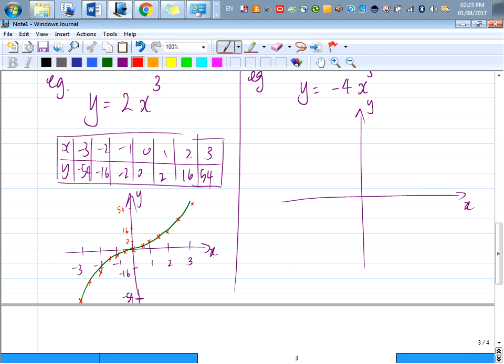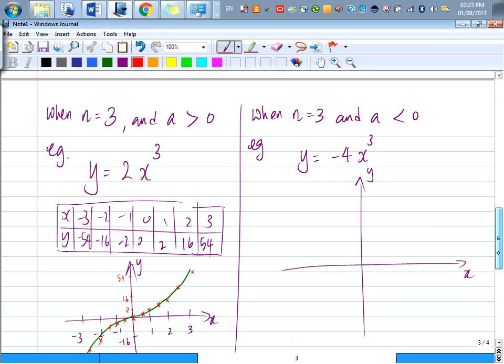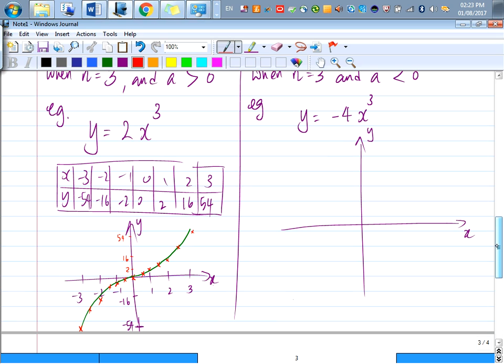Then what about the other one? When y equals -4x to the power of 3. Can we try that? Try and plot in some points.